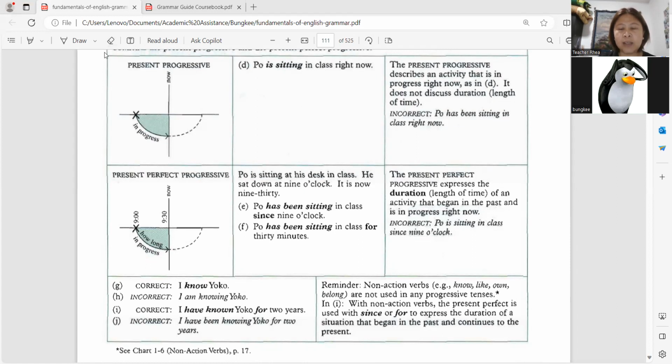In present progressive or present continuous, you are still doing the activity or the event right now. It is in progress right now. So the present progressive describes an activity that is in progress right now.